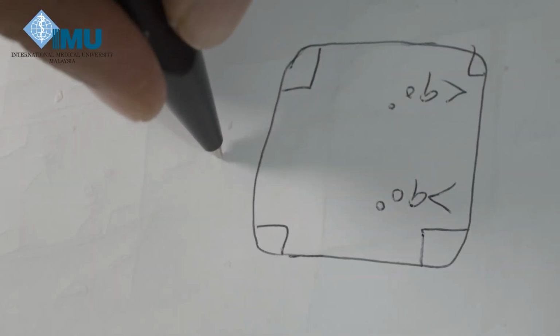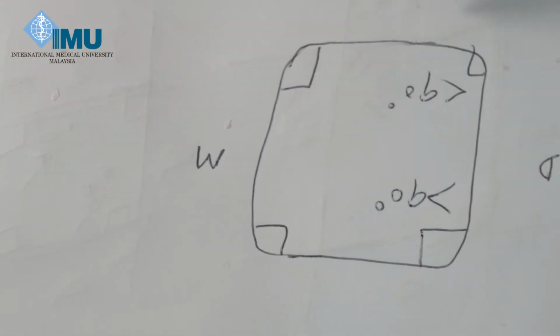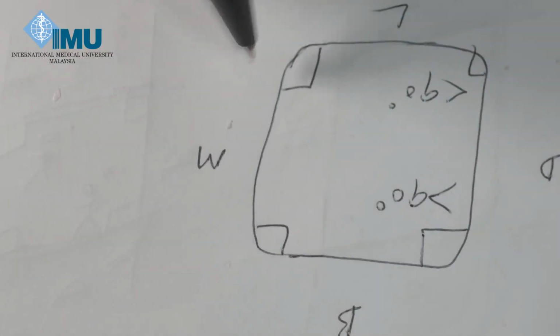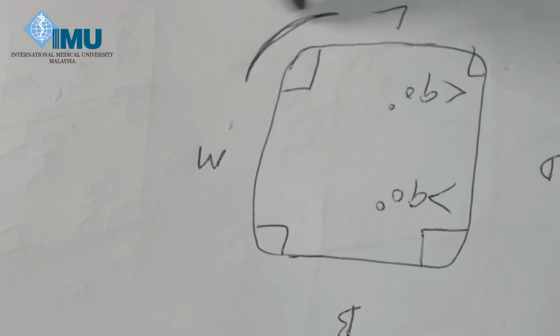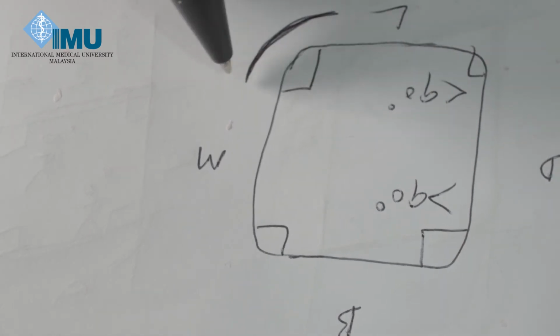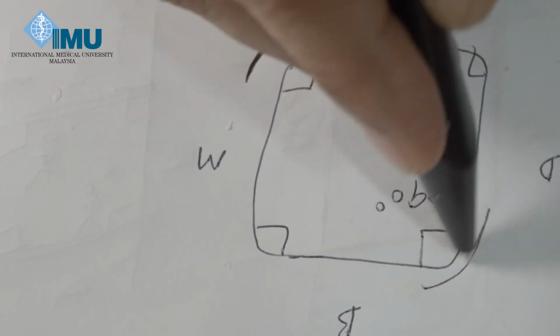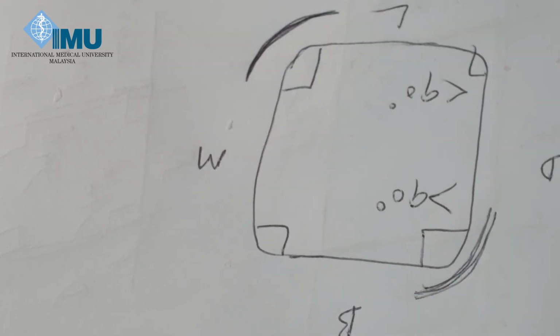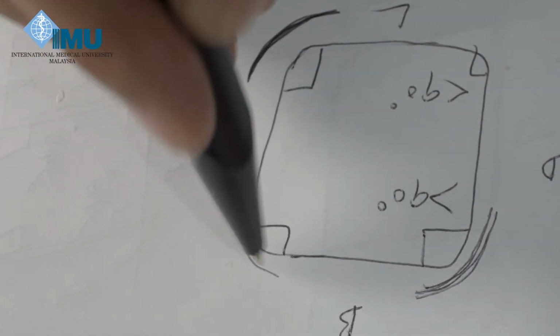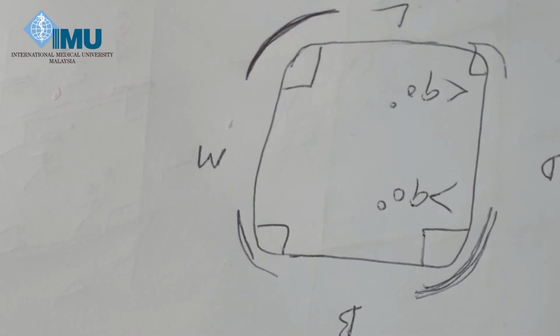Now this is mesial, distal, lingual and buccal. Now this mesiolingual is more than 90, it's obtuse. Distobuccal is more than 90, again it's obtuse. Mesiobuccal and distolingual is less than 90.